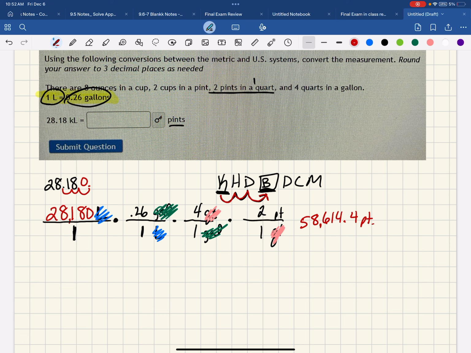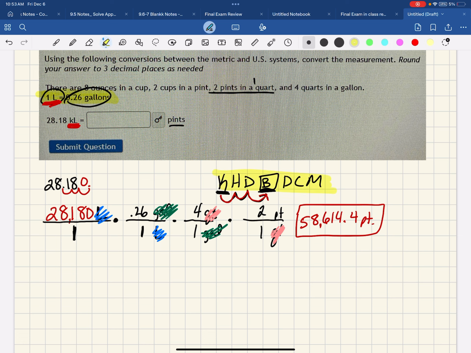And that's how you're going to do all of these, is look to see what you're given. In this case, we were given kiloliters, that's not anything we have up there, so we have to convert it into something that we're given. We have to convert that into liters. Again, if you're not sure about this King Henry died by drinking chocolate milk thing, that's okay.